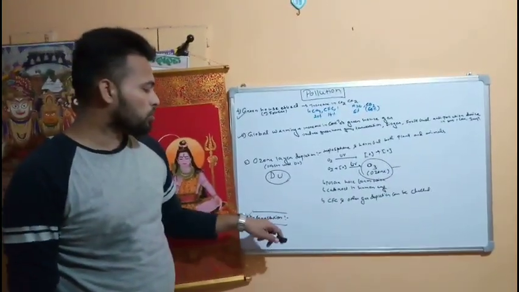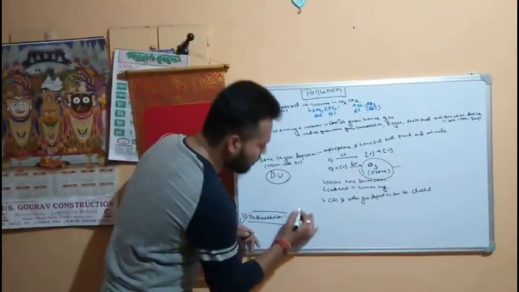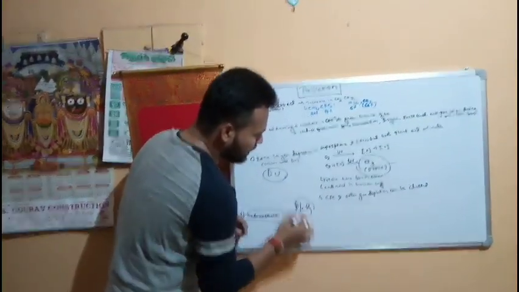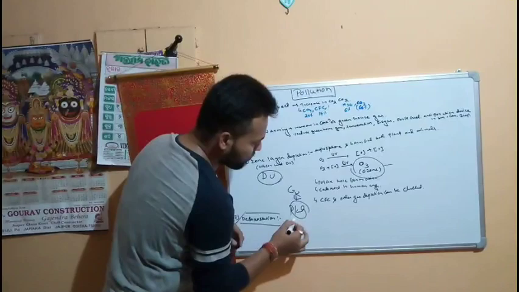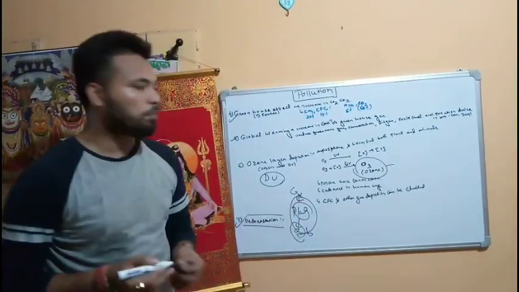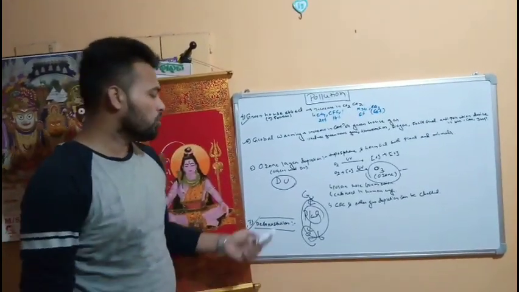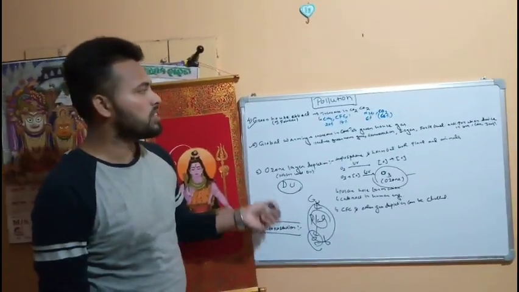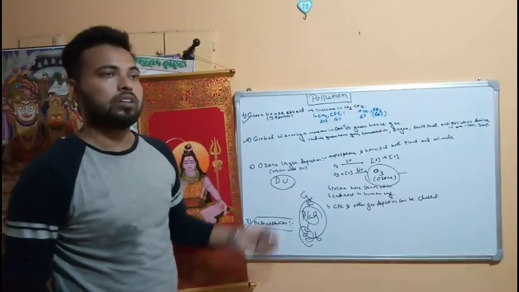The only conversion process is the plant. If there are no plants, how can carbon dioxide be converted into oxygen? Then nothing will be possible. Without the plant, this cannot occur. So deforestation is a major threat in world pollution.